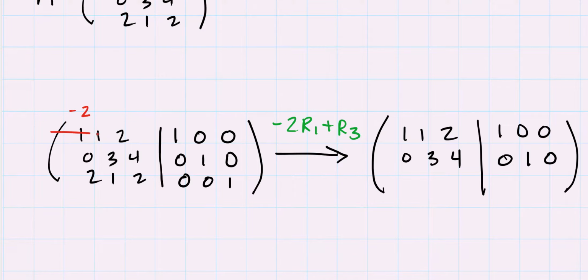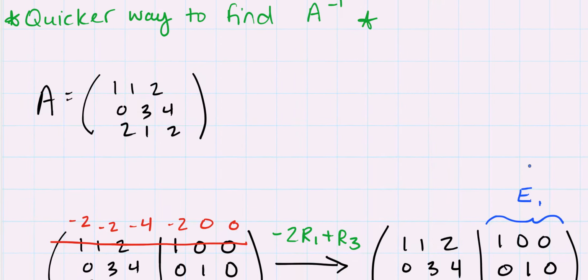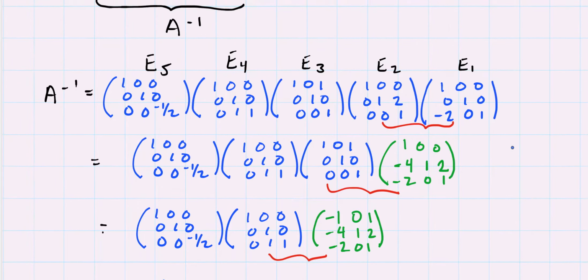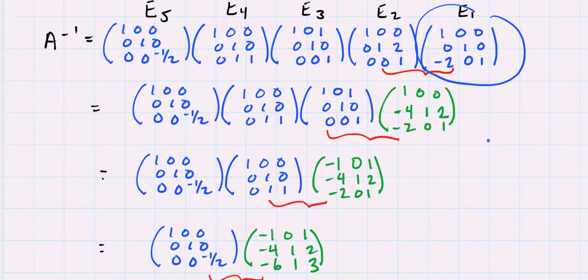So let's see. I'm going to cross this out so I don't make any mistakes. So -2, -2, -4, -2, 0, 0. Add it to this one. We get 0, -1, -2, -2, 0, 1. Now what I want you to notice is that right now, this is the elementary matrix E sub 1. Let's scroll up to double check. Here I wrote all of them out. Here's E sub 1. Okay?